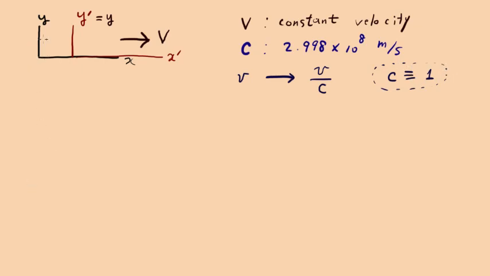All right, so let's consider this one reference frame and another reference frame, and we need to know how the coordinates can transfer between these two systems back and forth.